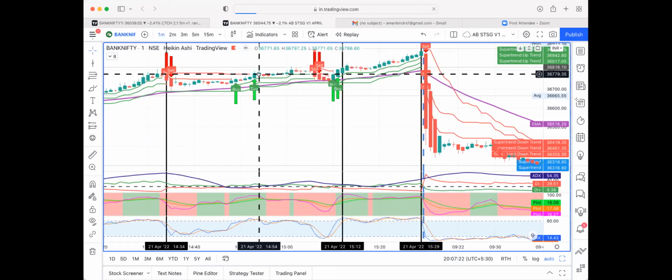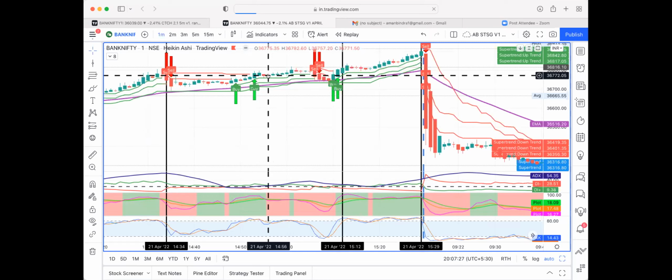Go a little further, two more candles. Here, one candle before, to your left. See what the KDJ is saying. KDJ is saying the bull trend, the short trend, is getting over. We are getting into bad territory because your pink band starts.